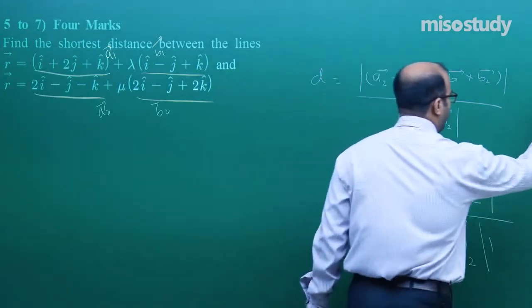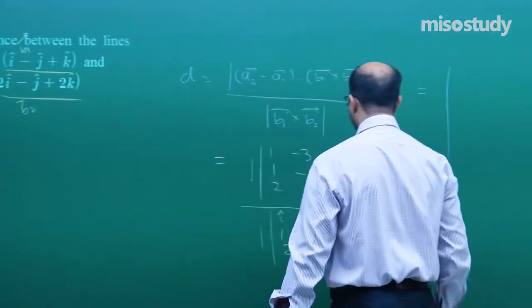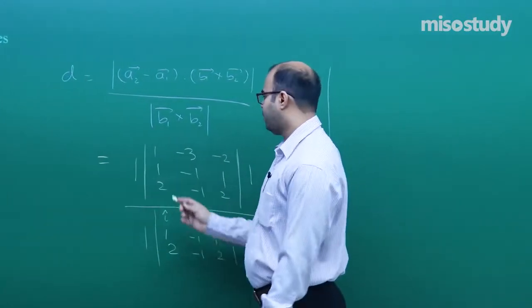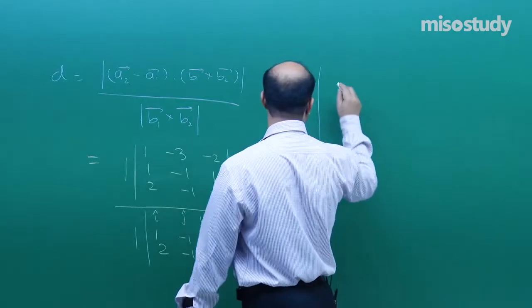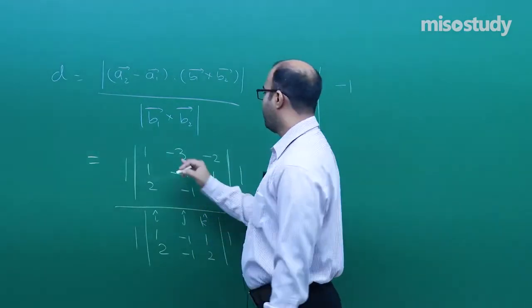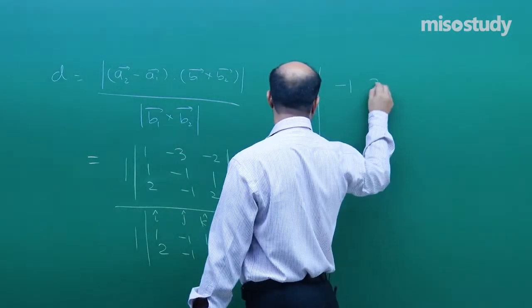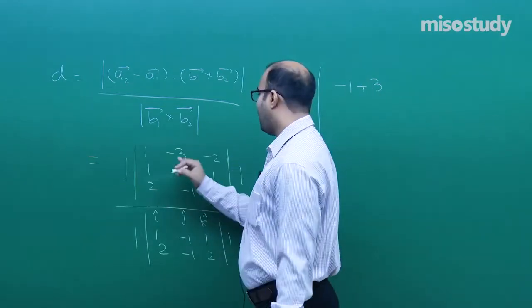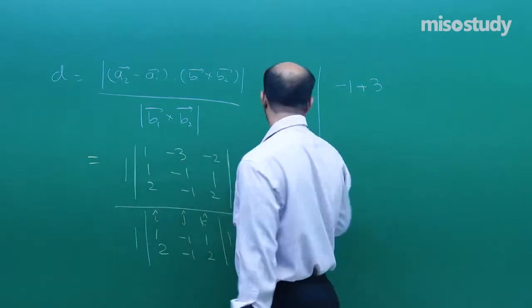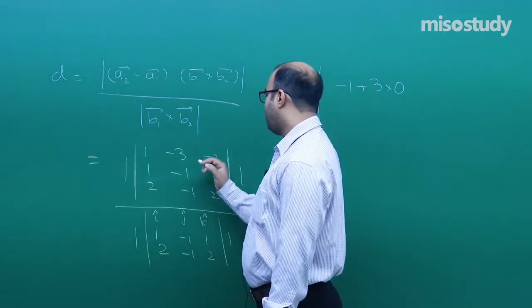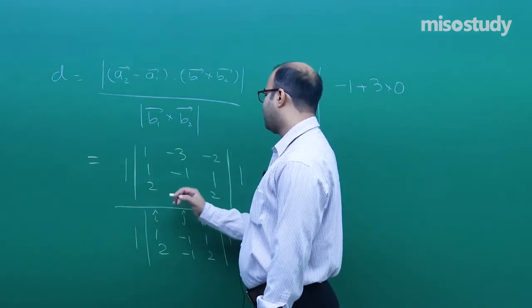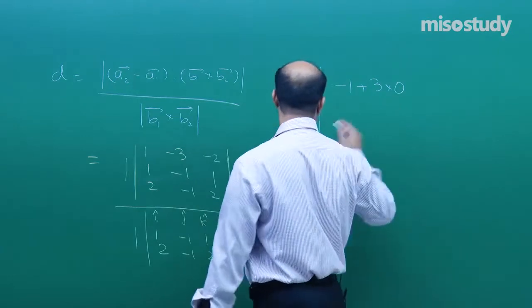So let us calculate. If we calculate this determinant, 1 minus 2 plus 1, that is minus 1. So we first write minus 1. This will become plus 3 and we will have 2 minus 2, 0. So this will be multiplied with 0, and then we have minus 2, this is minus 1 plus 2 which is 1.